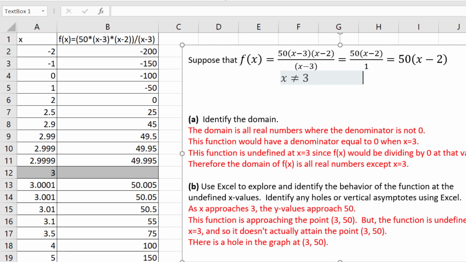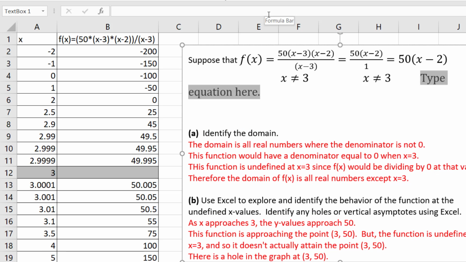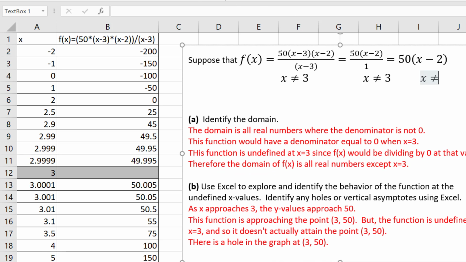And I'm going to note that it's still the case that when we simplified the function by canceling the factor of x minus 3, that x still cannot equal 3. And lastly then, when we simplified it and wrote this function as 50 times x minus 2, even though you cannot see it anymore, it's still the case that x cannot equal 3.